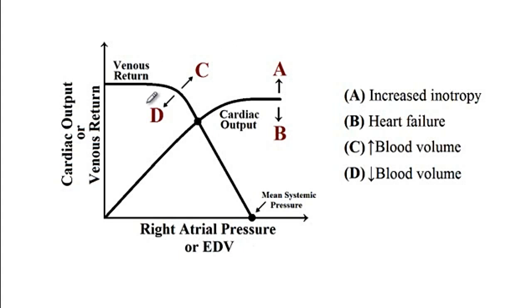So the question is, why, once we increase the venous return, does the cardiac output increase? The reason is that with the increased venous return, there would be increased end diastolic volume, as a consequence of which, you may recall from the Frank-Starling law, as we increase the volume of the heart by increasing the end diastolic volume, there would be an increased contractile force of the heart, and thus there would be increased cardiac output.